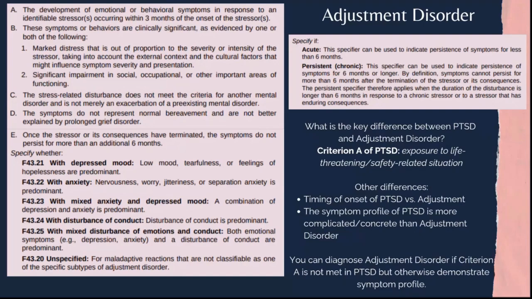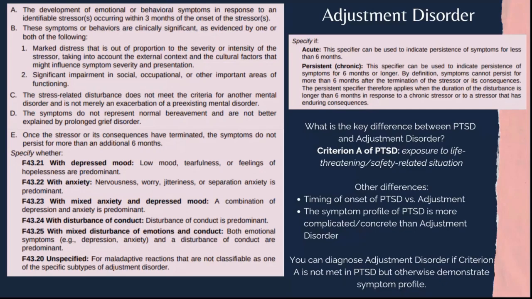This is really for when the disturbance is longer than 6 months and the response to that stressor has enduring consequences. But again, we have to really demonstrate fully that we have tried to rule out this presentation against other disorders, and that the rule outs have not come up with any better disorder to fit this person's experience.